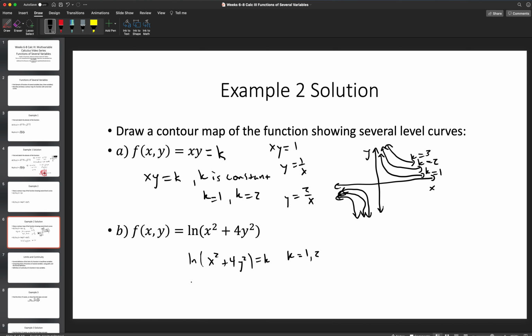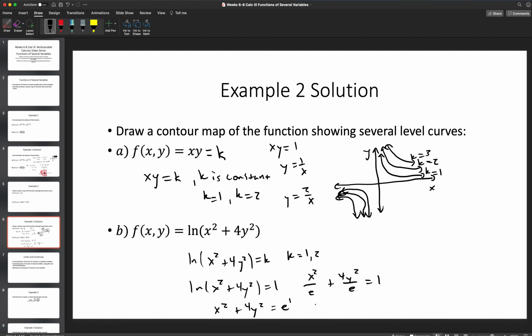So if it's 1, then x squared plus 4y squared is equal to e to the first power, right? And then this looks very familiar to us. If you divide everything by e, then you get x squared over e plus 4y squared over e is 1.